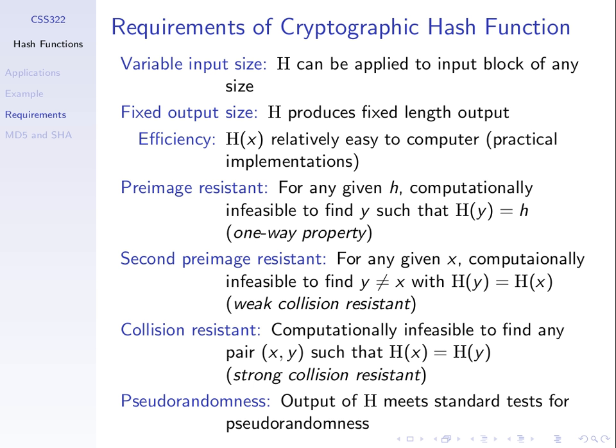Which one's easier for you, the attacker? Out of these two, weak collision resistance or second pre-image resistant, and simply collision resistant or strong collision resistant, which of those are easier for the attacker?